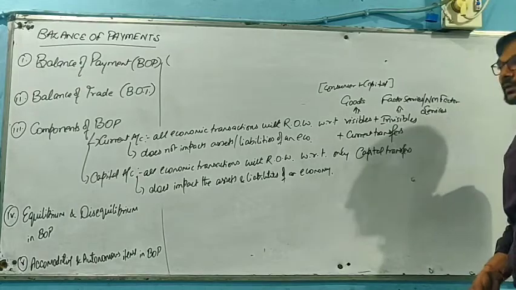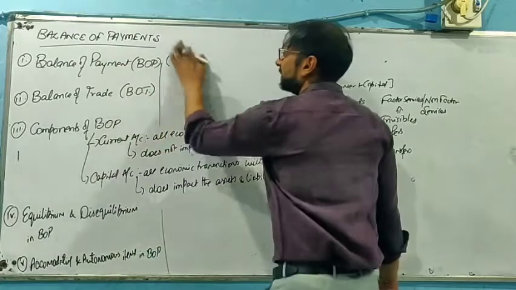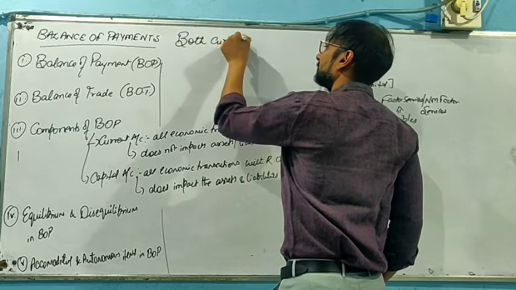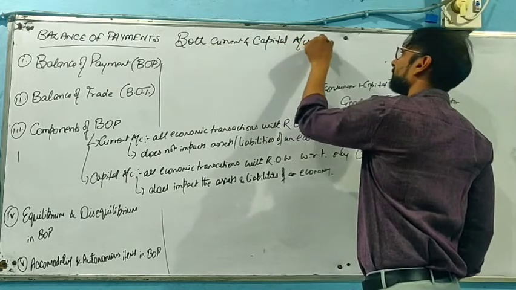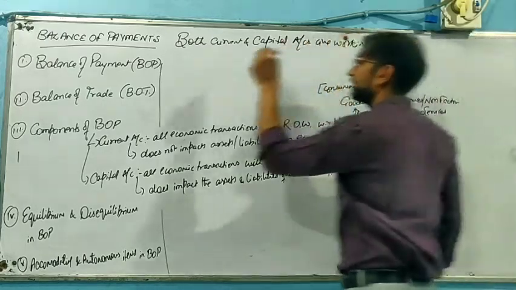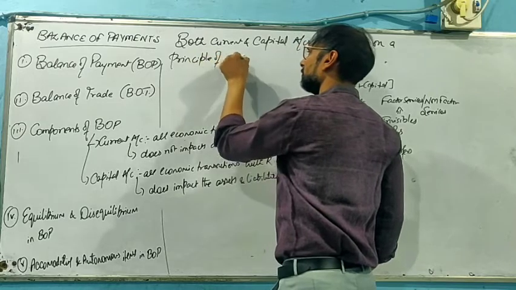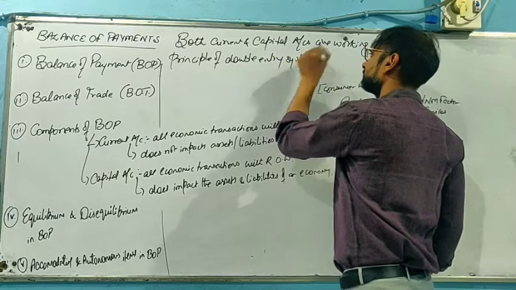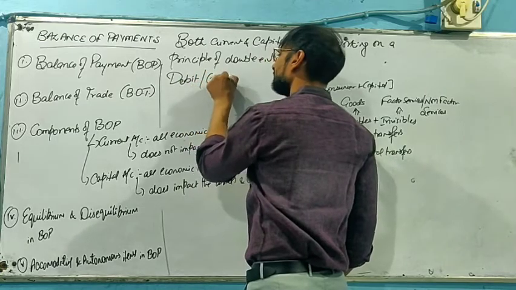Now current account and capital account, both are working on a principle. Here we say both current and capital accounts are working on a principle of double entry system, say debit and credit sides.